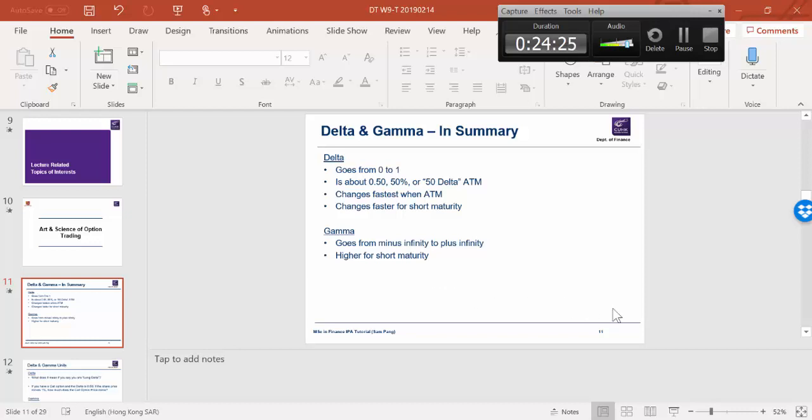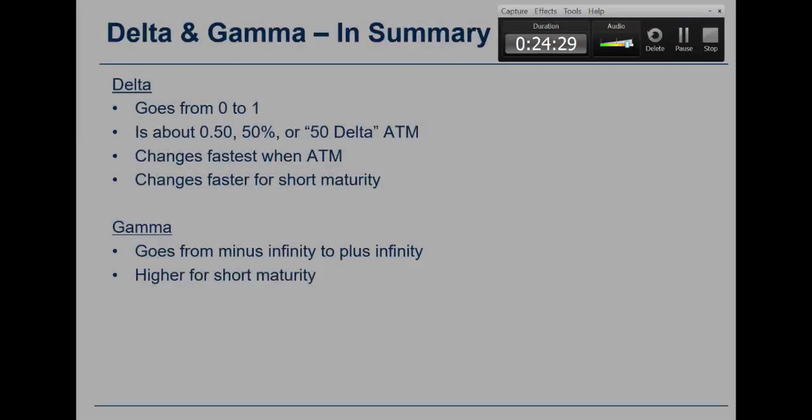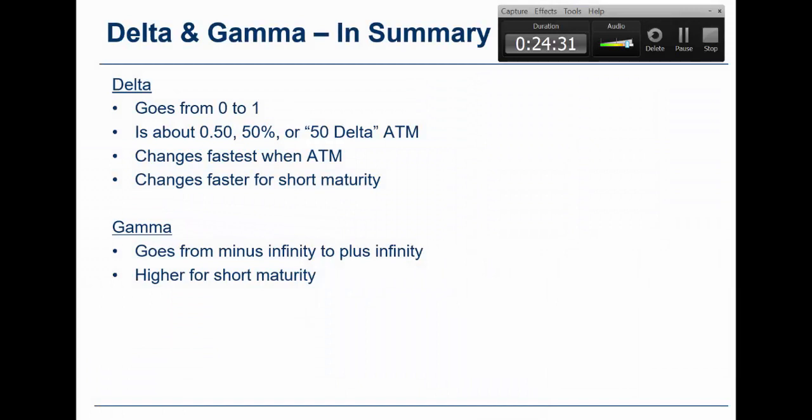So just as a recap, we talked about delta before the New Year holiday, and we mentioned that it can go from 0 to 1. And when an option is at the money, delta would be approximately 0.5.